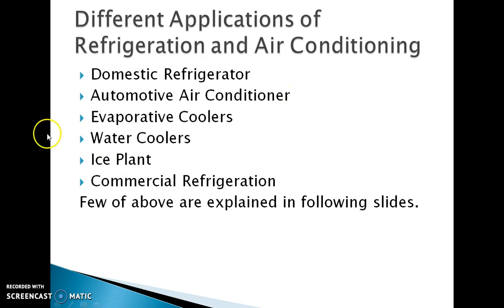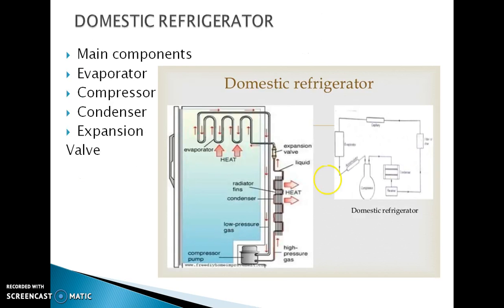Next is evaporative coolers. Next are the water coolers, ice plant, commercial refrigeration, etc. These are the few applications listed here. From the above applications, some are explained in the following slides.